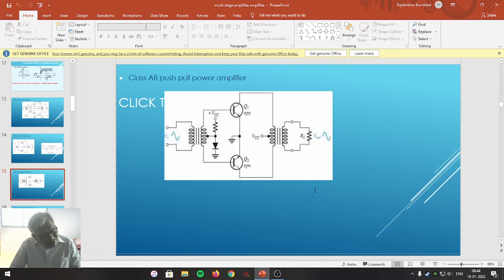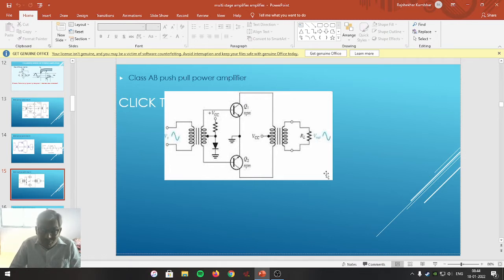Student friends, please try to remember that in the class A power amplifier, the operating point is adjusted exactly at the center of the load line by using a resistor divider biasing network. In the class B push-pull power amplifier, that resistor divider biasing network is removed and the operating point of both the BJTs is adjusted at the cutoff point.